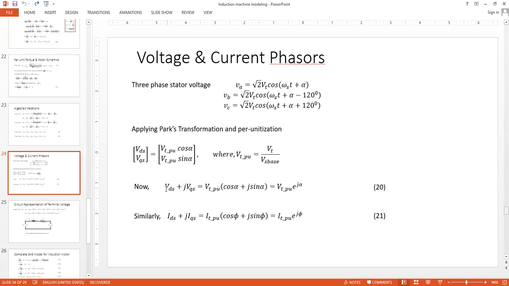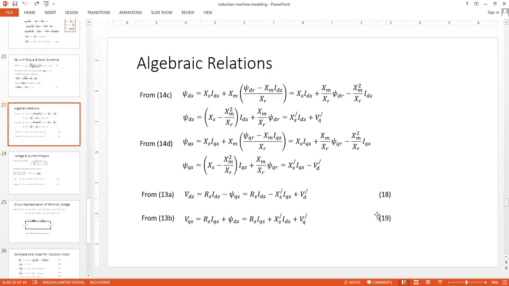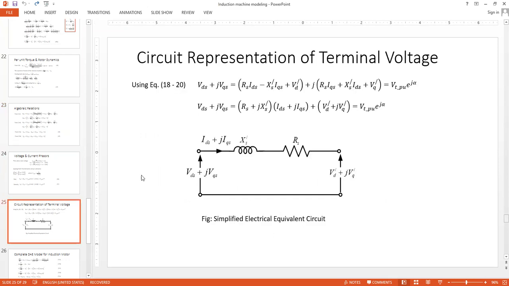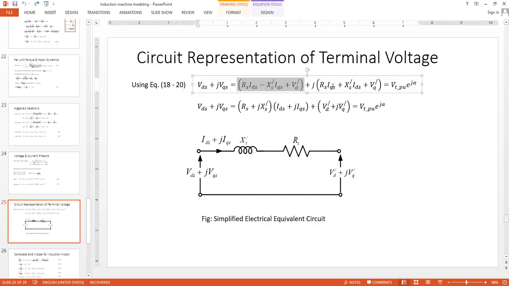But we also have VDS and VQS available in equations 18 and 19 in a different form. So you can see VDS and VQS. What we can do is take RS IDS, whatever we have here, plus J multiplied by all of this. While we do that, we can get this.